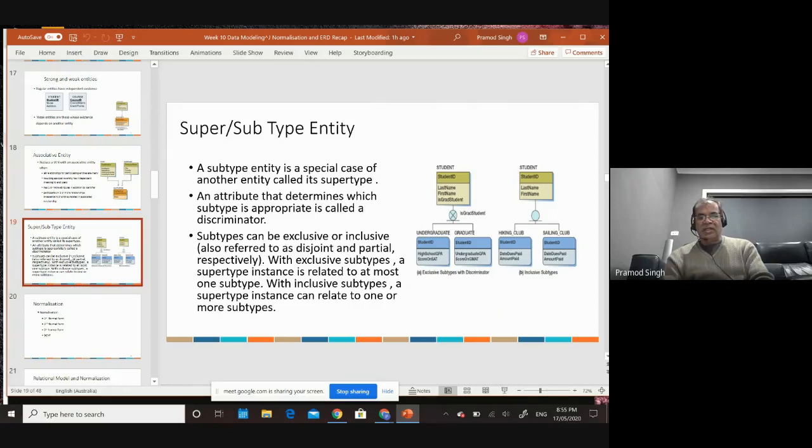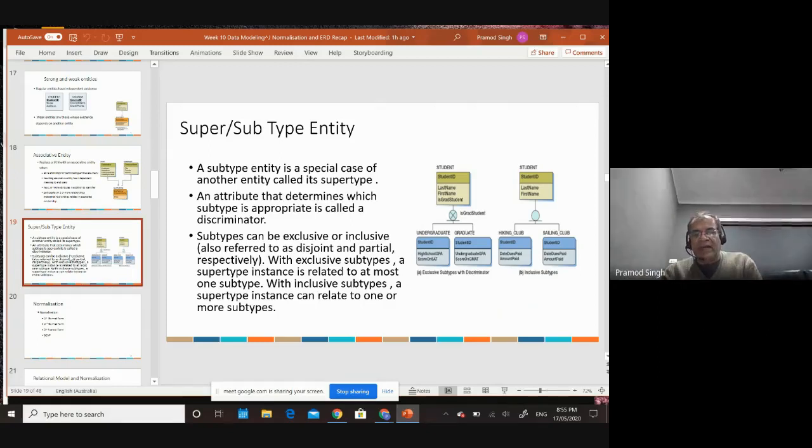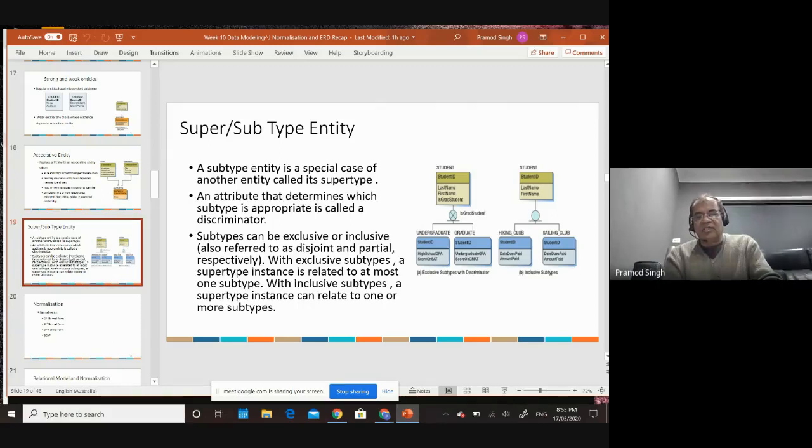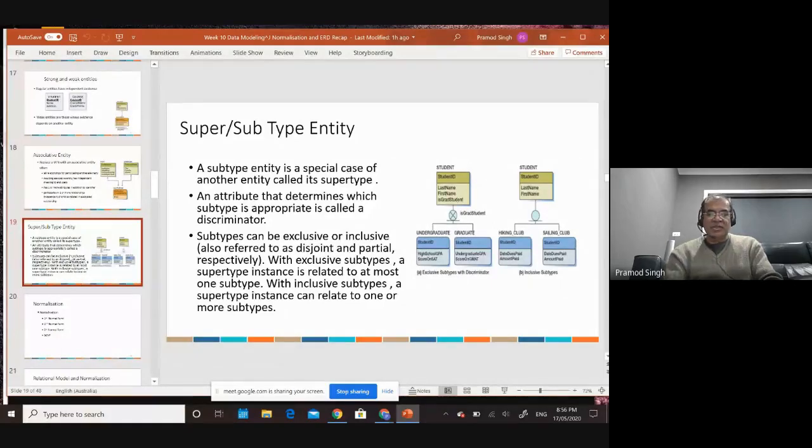So undergraduate has high school GPA and score on SAT, and graduate has different attributes, such as undergraduate GPA, etc. So these attributes define them into different subtypes, and they are called the discriminator. This discriminator defines that students are going into two different subtypes.